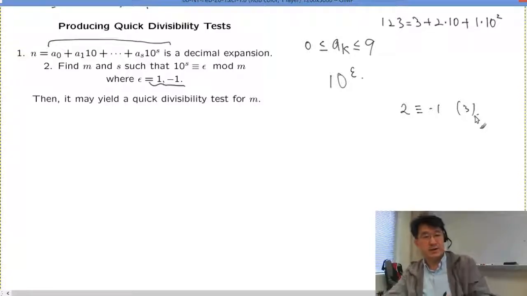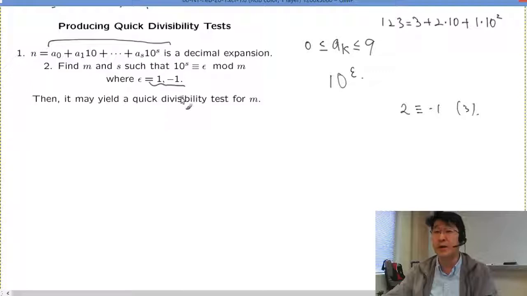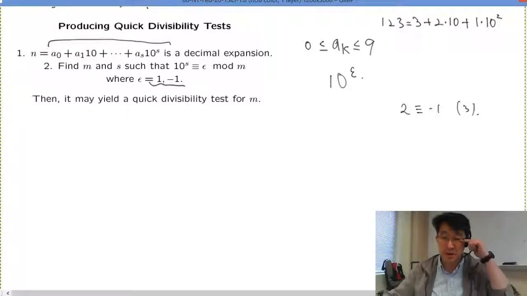So this 10 to the s will be replaced by 1 or negative 1, right? You go back in here and replace those powers of 10 with 1 and negative 1. Anything that replaces with 1 and negative 1 is good. It reduces the size of the number enormously, right? That's the theme. It may yield really nice divisibility tests. Let's start with the first case.